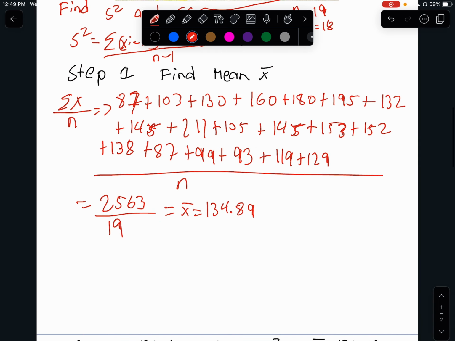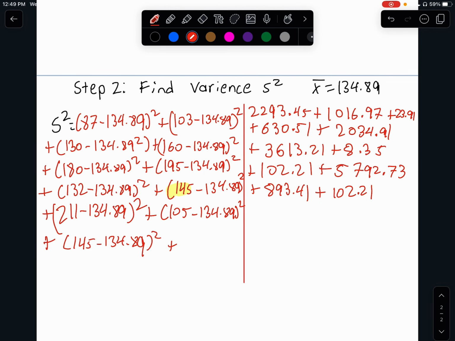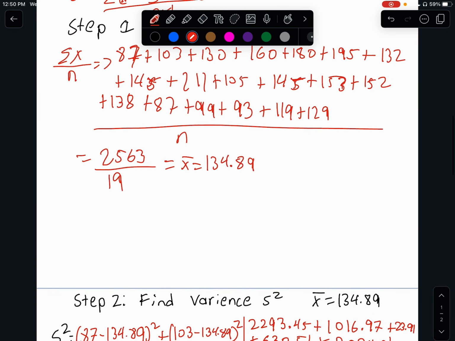Our next one is 153 minus 134.89 squared, so 153 minus 134.89 to the power of 2 equals 327.97 plus, right, next one is 152 now.